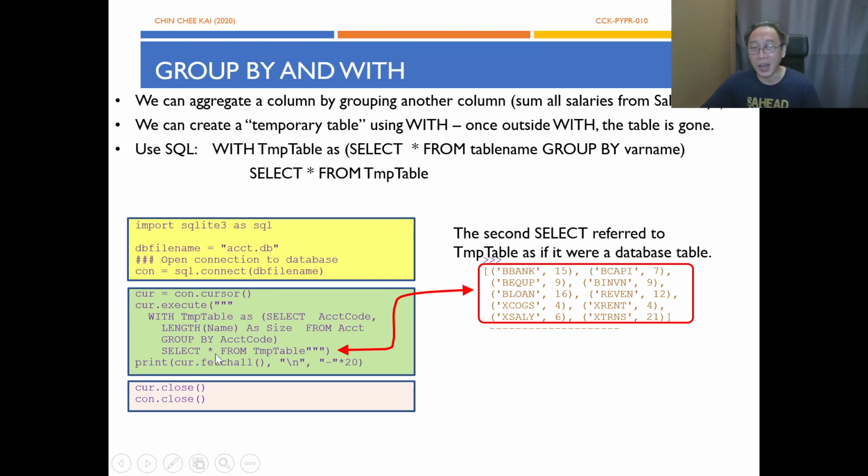It's not taking everything star from the original table account, because by the time it reaches the outside select, the table account is already not referenceable. What is staying in scope is only this temp table. Okay, so we try this out and see.